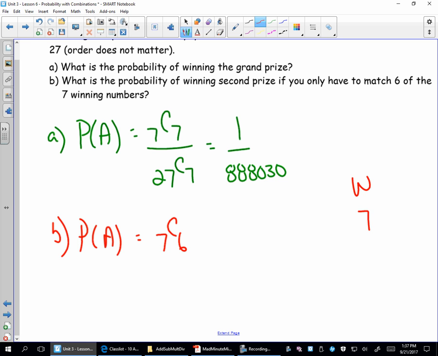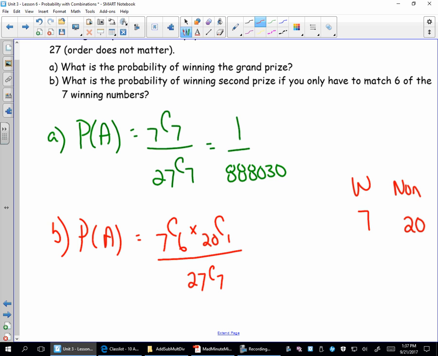If there are 7 winning numbers, how many non-winning numbers are there? Well, there's 27 altogether, so there's 20 non-winning numbers. And somehow on my card, on my selection, I picked one of those. So 20 choose 1. Out of 27 choose 7.